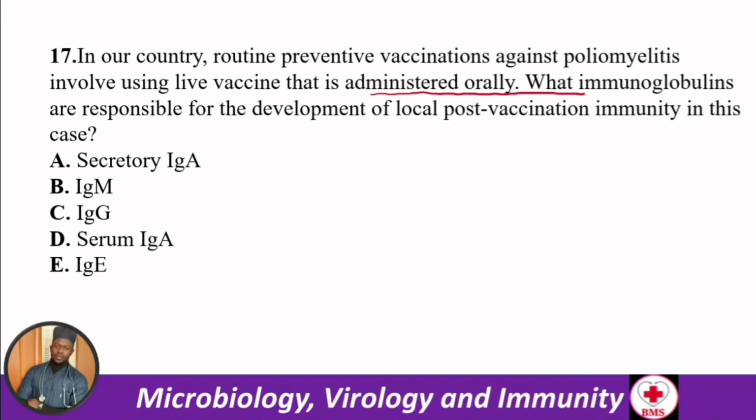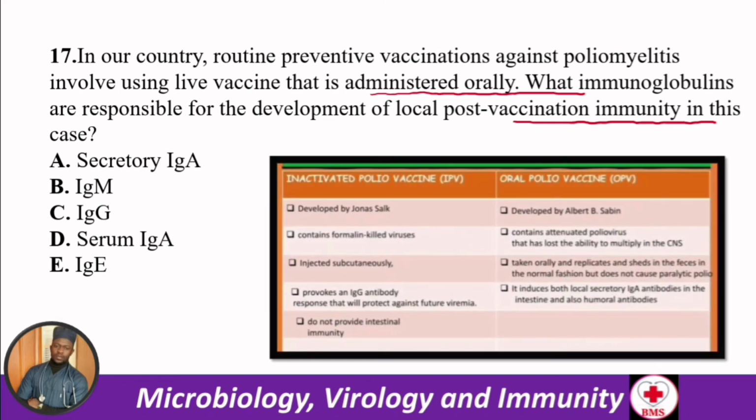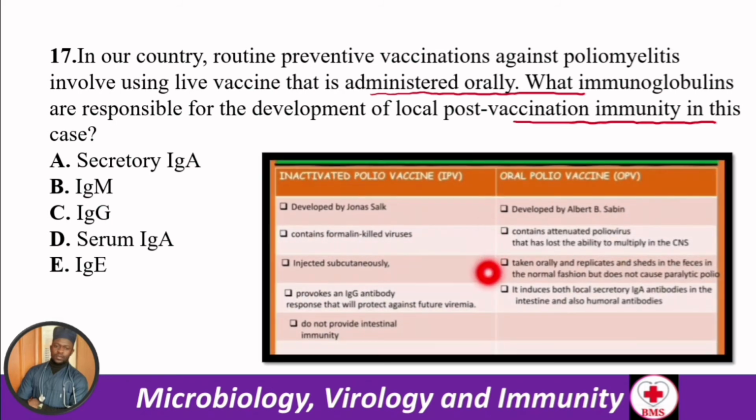So, number one, it's administered orally, and also it's local immunity. Here is your classification again. Local immunity is definitely what? Secretory IgA. That's the answer.